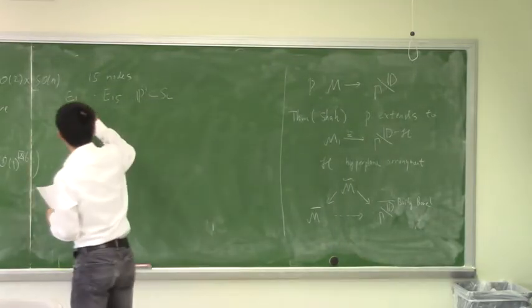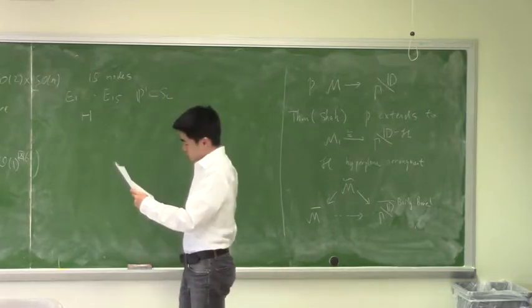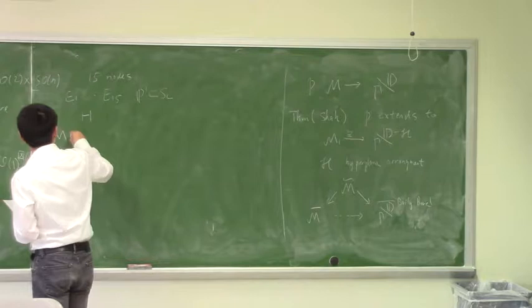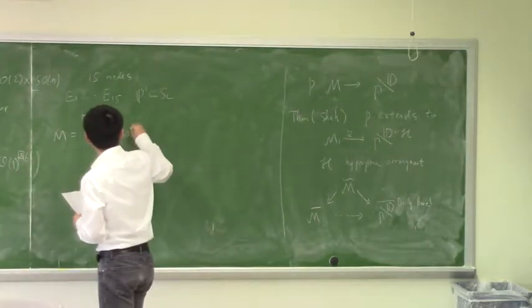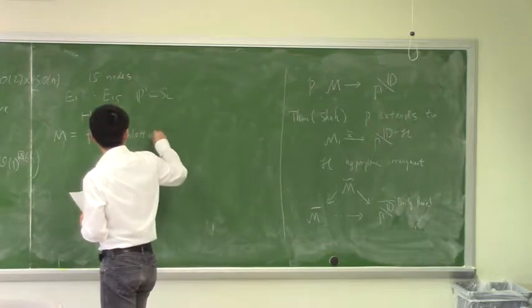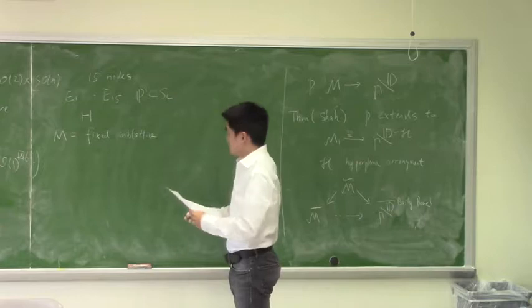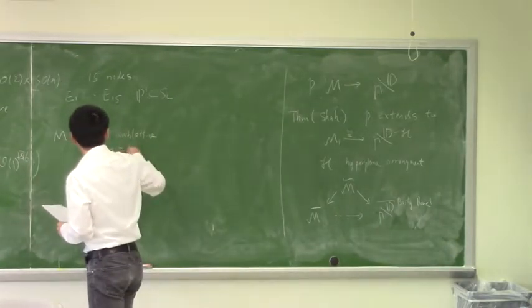And also we have the pullback of O(1). So we have a rank 16 sublattice. And if we denote M to be the fixed sublattice by the deck transformation, then it also has rank 16.